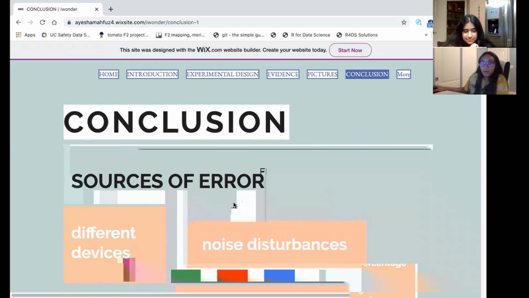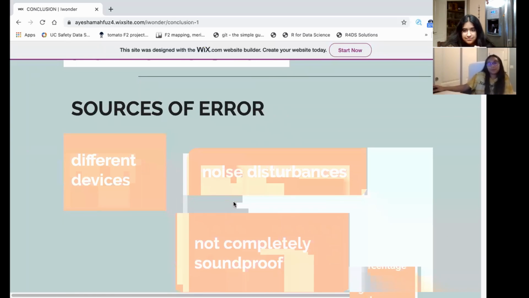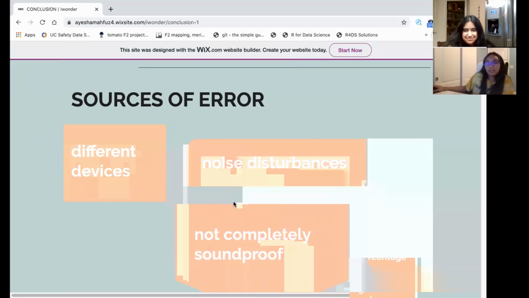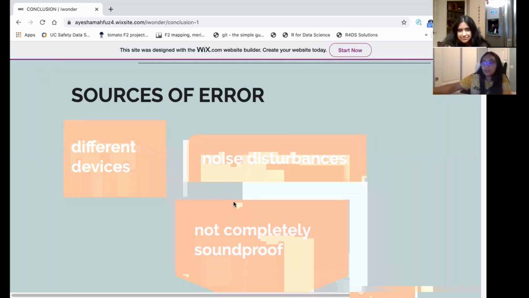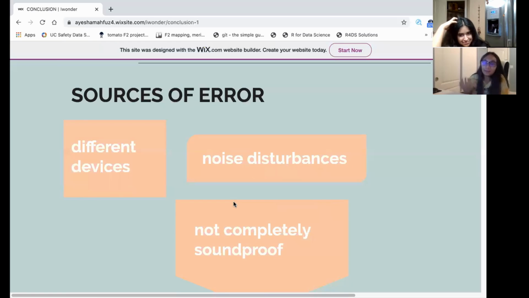Okay, and now for the conclusion, which is the cool part. Since we did the experiment at home, we're obviously going to have some error because we didn't run ours in a perfect ideal environment or in a lab. The biggest error, in my opinion, I don't know if it's Megna's opinion, is that we used different devices.